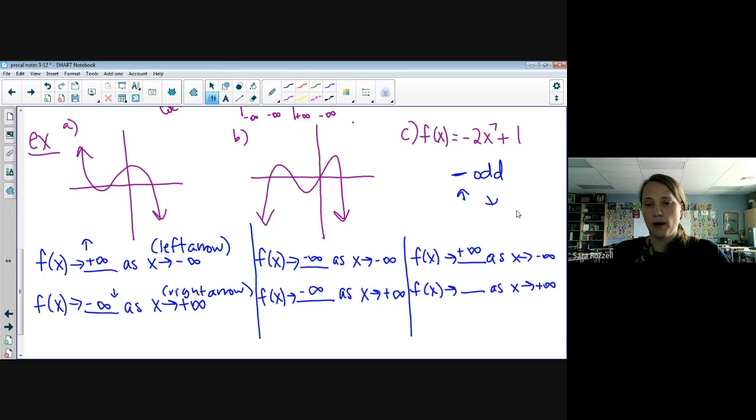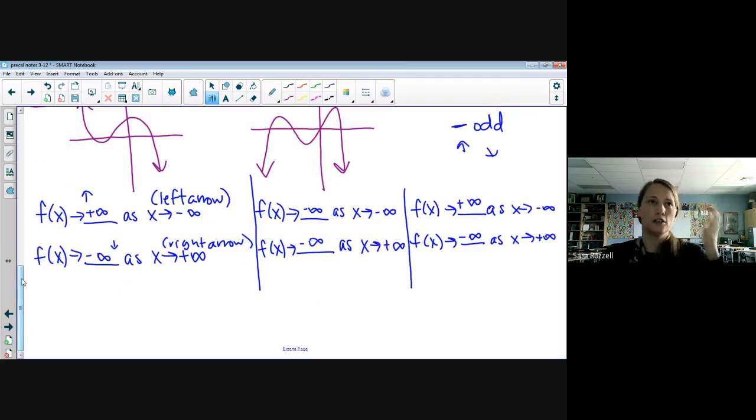And as x goes to positive infinity, that's my right arrow. That arrow is going down. Sometimes you'll see it written with the as x part first. I like to say that, but occasionally the f of x is first. So sometimes it says as x goes to negative infinity, f of x goes to this. So either way, just know that you're filling in the y section. They're giving you the x part.